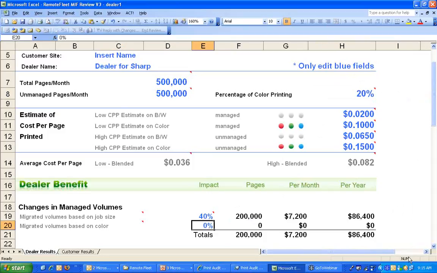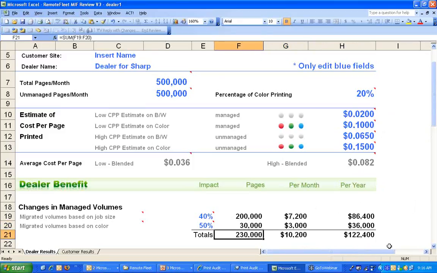And if our users paid attention to that rule just 50% of the time, we would migrate another 30,000 pages of color over to your cost per page program. And at 10 cents per page, that's an additional $3,000 in income.